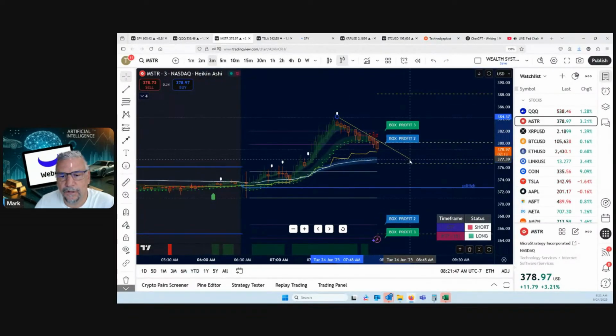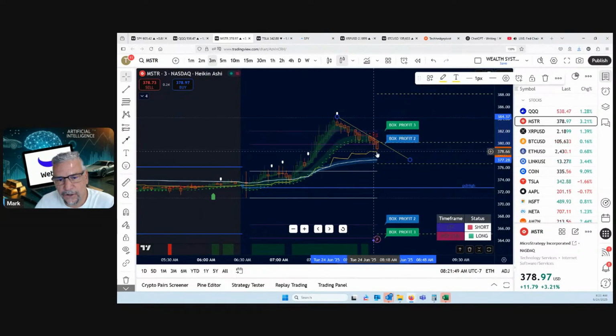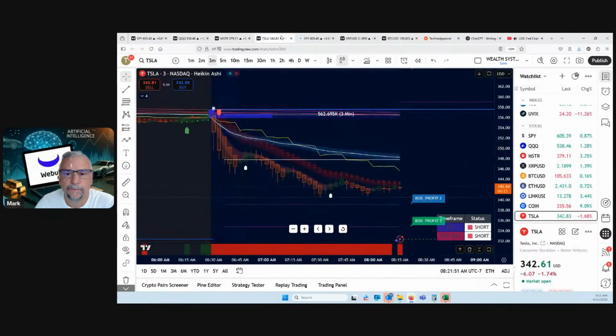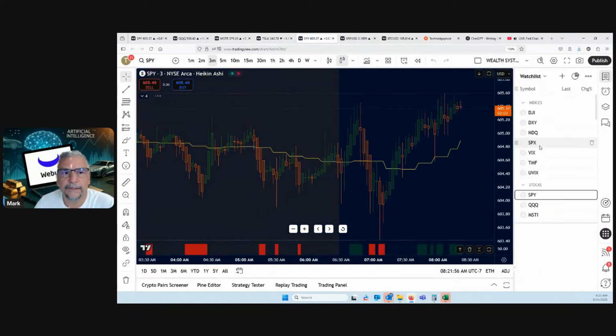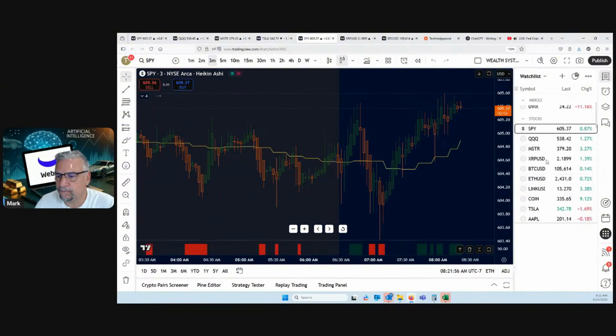So MSTR is continuing its consolidation down to the trend line. Tesla continuing to move sideways. Let's go back to Apple.